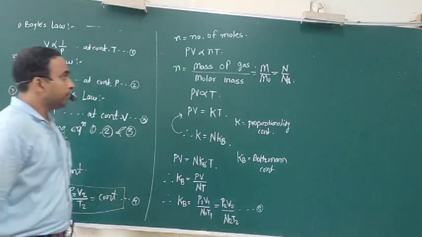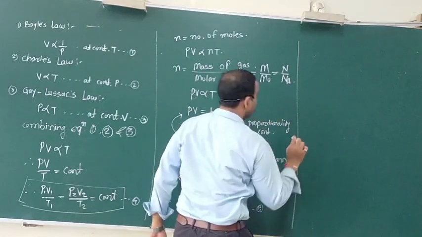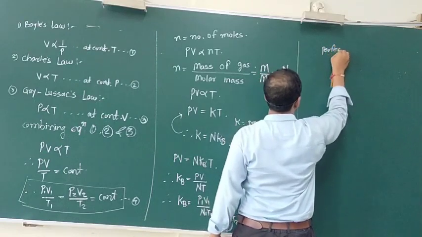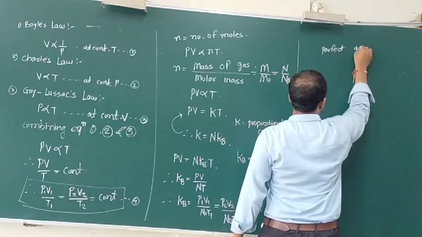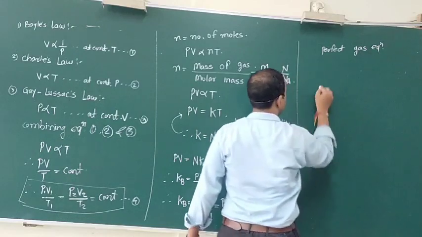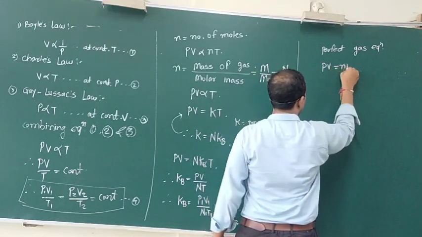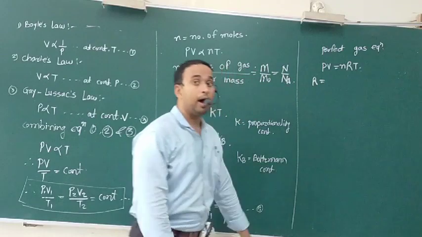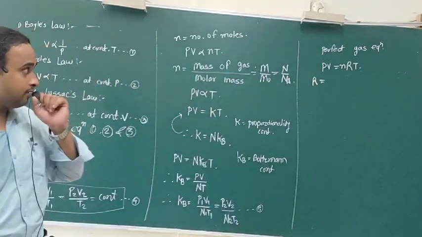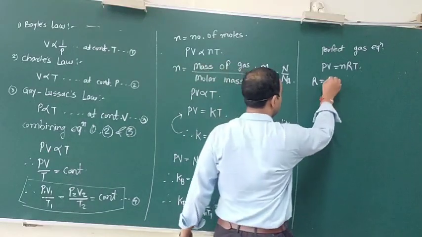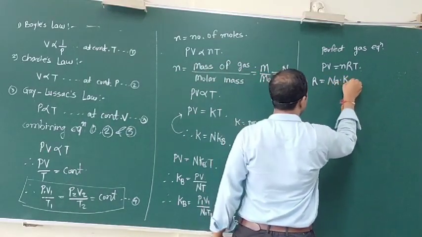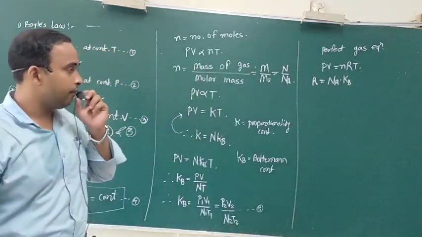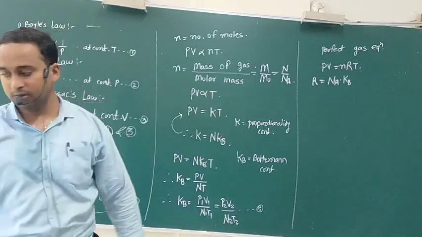Now we already know the perfect gas equation, or ideal gas equation, that is PV is equal to nRT, where R is the universal gas constant and it is equal to Na into Kb, where Na is Avogadro's number and Kb is the Boltzmann constant.